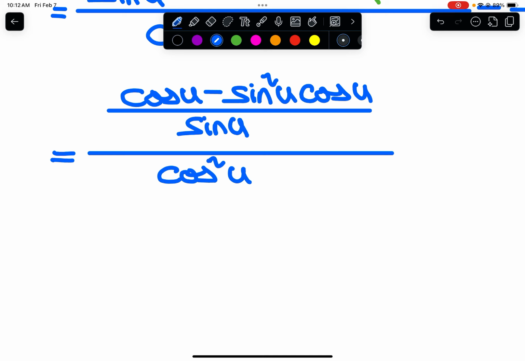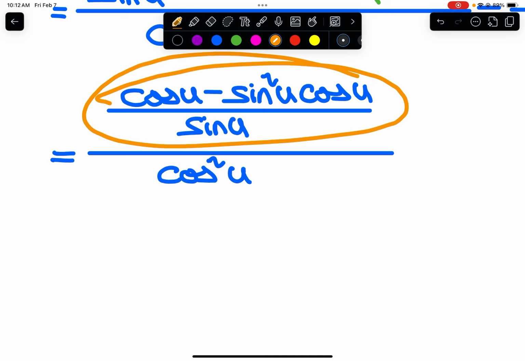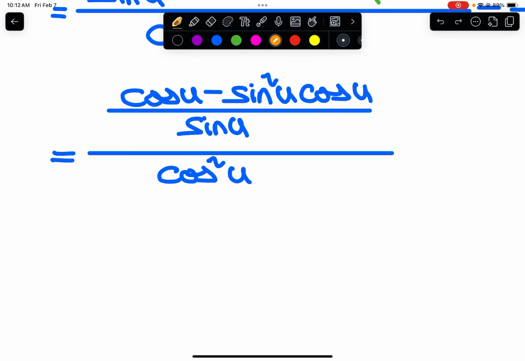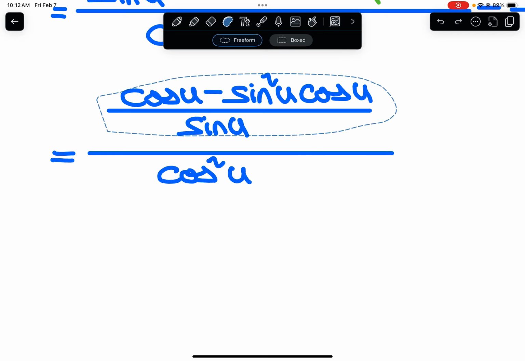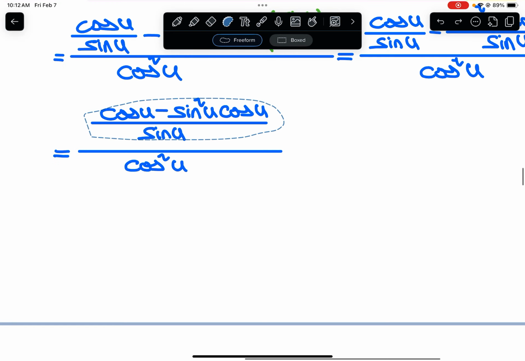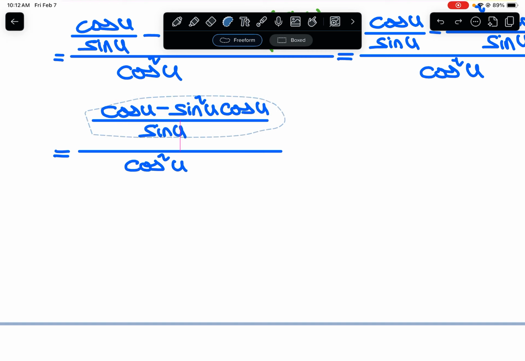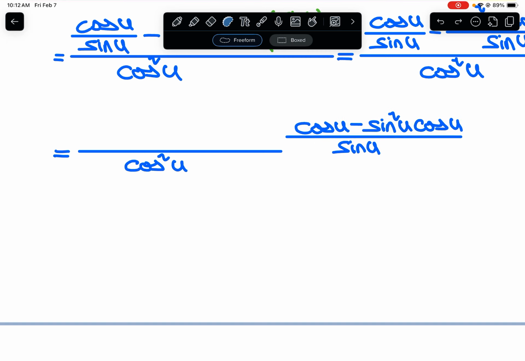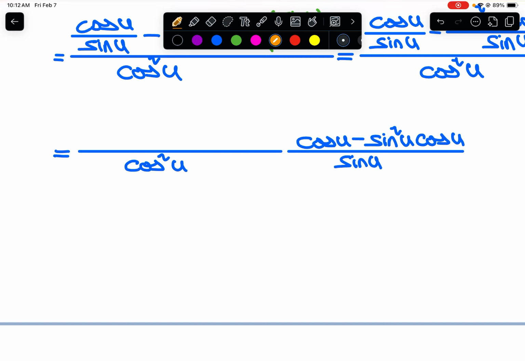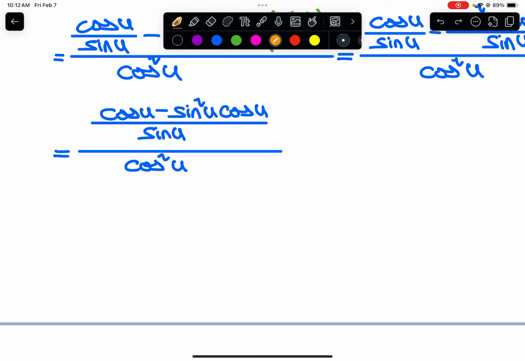All right, now for the next step, I'm going to kind of just rewrite this entire fraction. Essentially, I'm going to move this entire numerator off to the side, and then replace it with a 1. That way you can see a clear numerator and a clear denominator. So that's what I'm about to write.